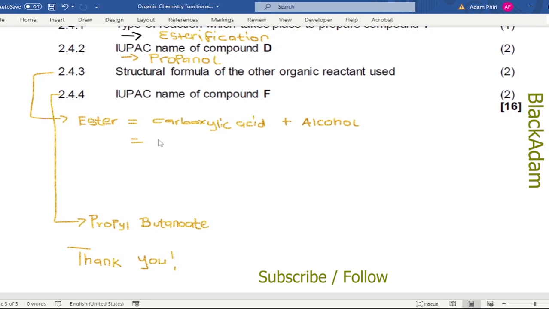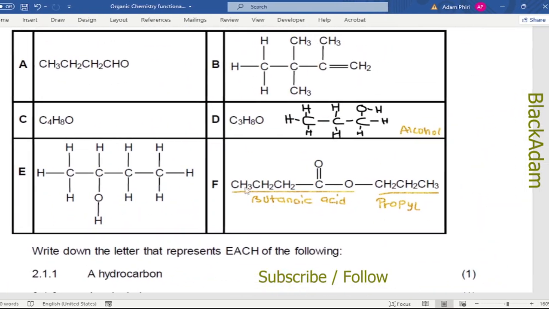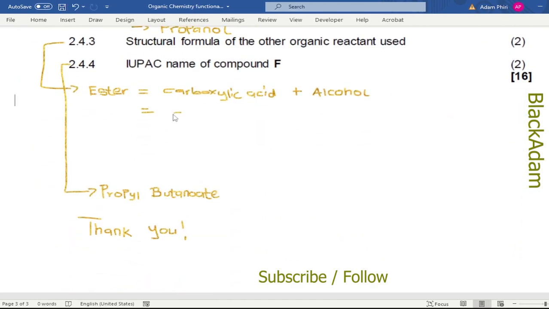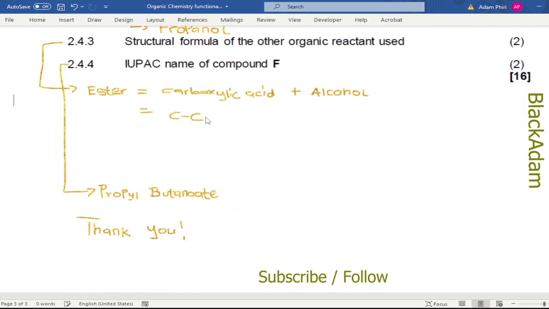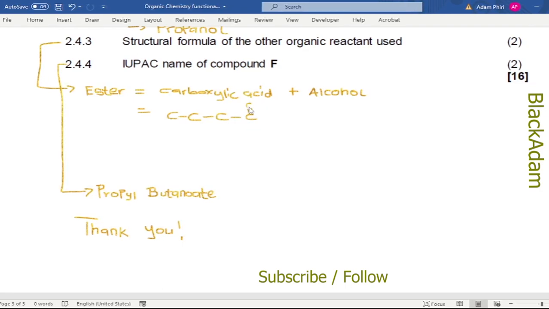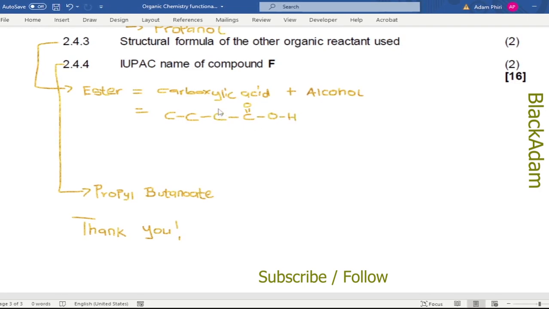Then after the carboxylic acid reacts with the alcohol, we need to include the structure, because that's what they want. So the structure will mean that we have how many carbons there? We have 4, so that means we have 4 carbons attached to each other, so C, C, C, and C, and then the carbonyl on the last carbon with the OH.